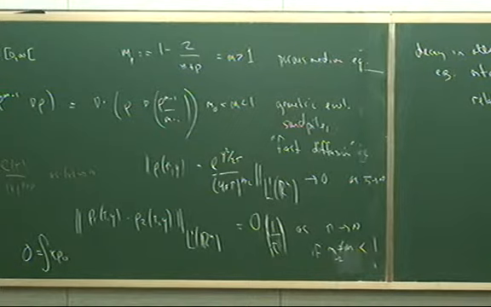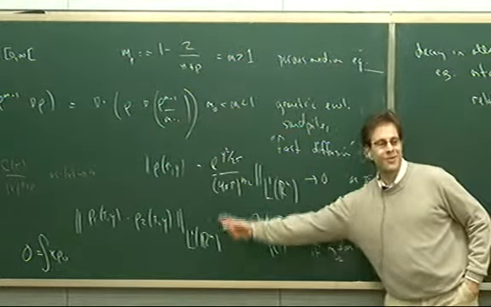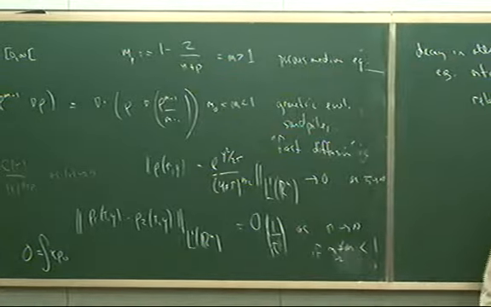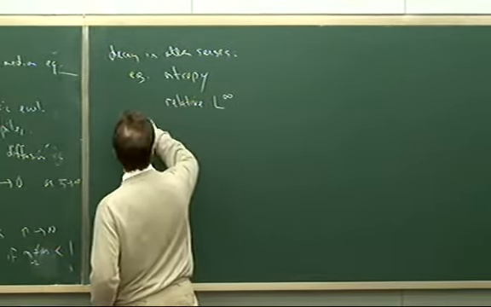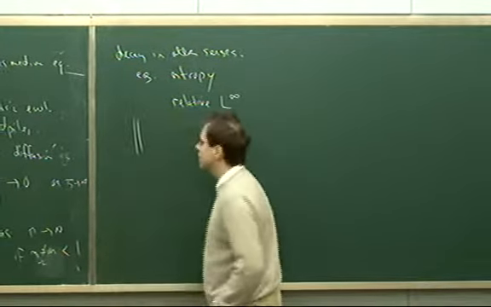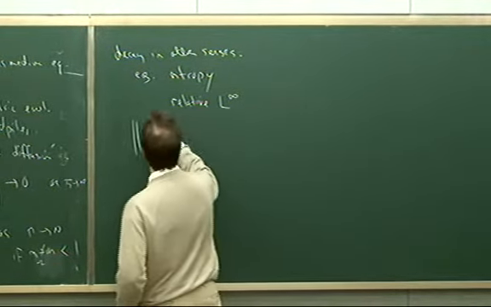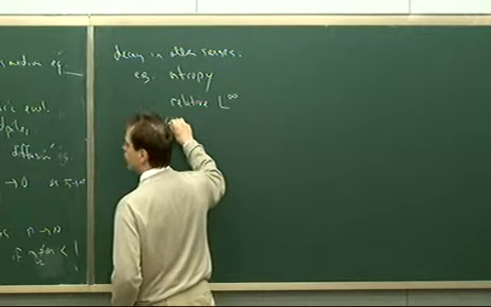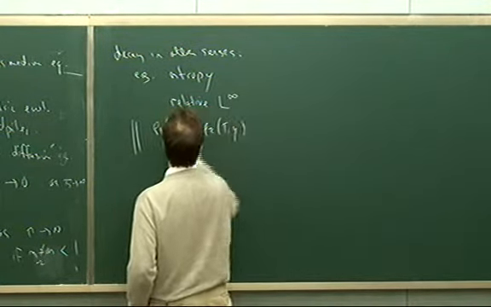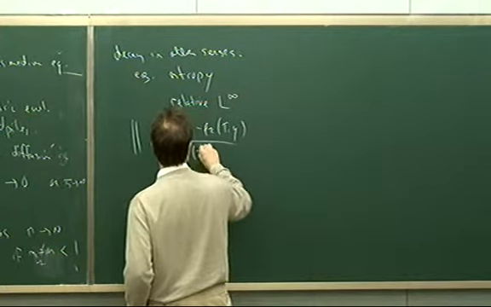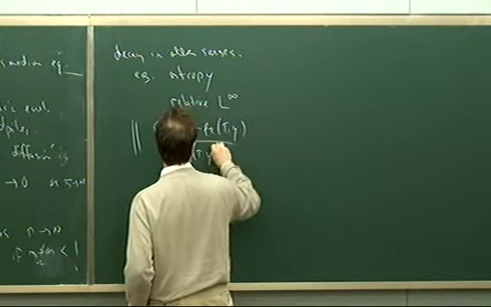But actually this turns out not to be strong enough for saying much about the higher order asymptotics. A notion that's more germane to what I want to talk about is what I call relative L infinity, where you look at rho 1 of tau y minus rho 2 of tau y, and you normalize by one of them, let's say rho 2.